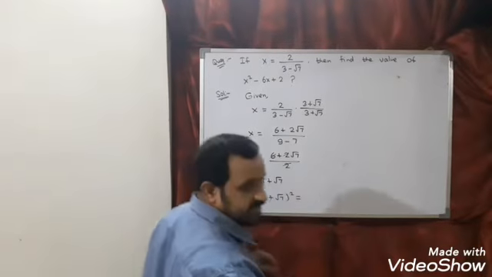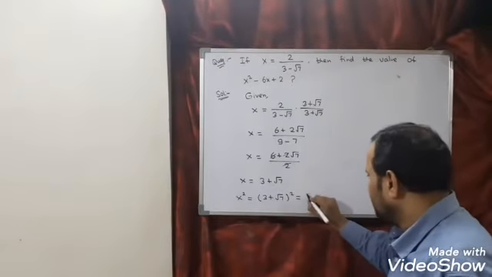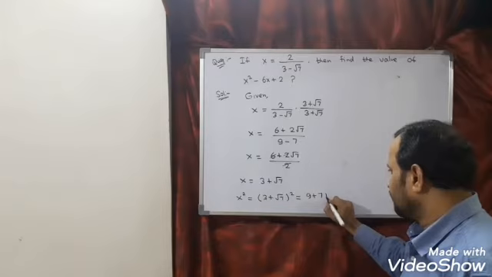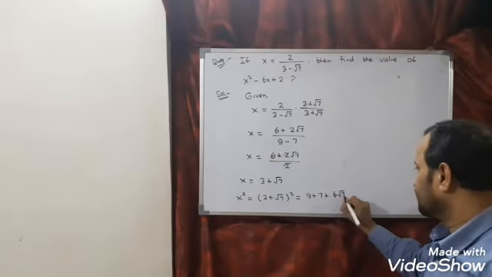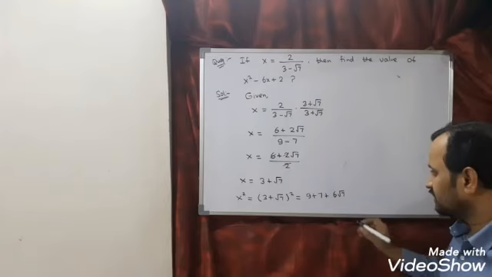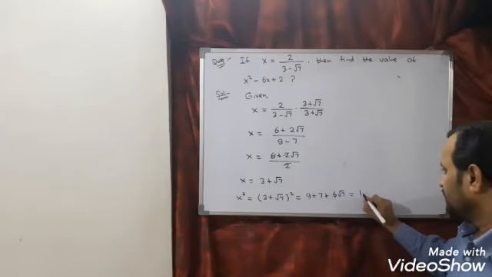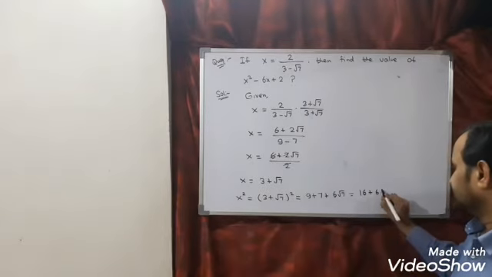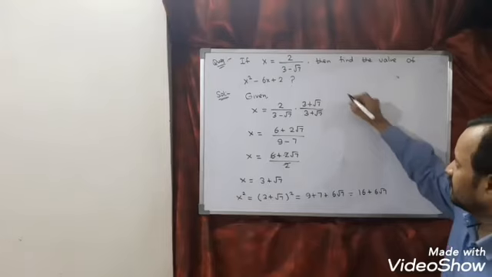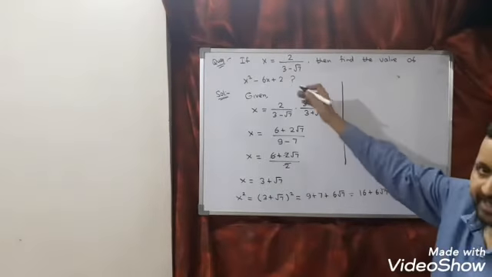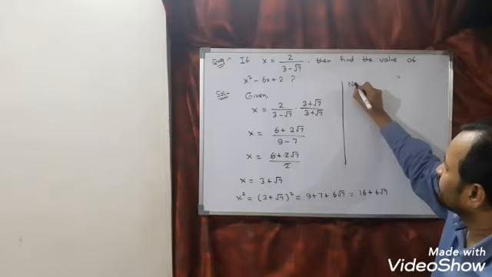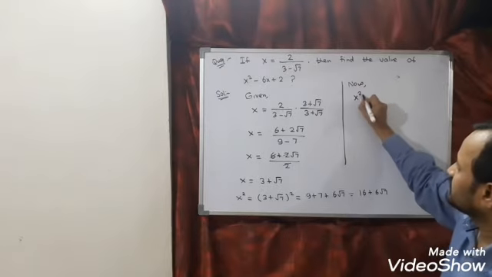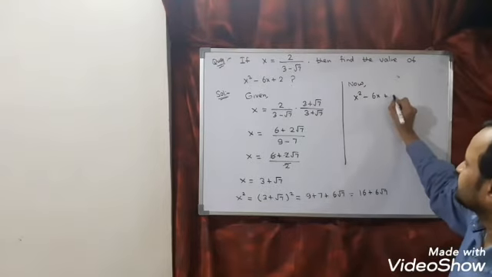Expand (a plus b) whole square. So 9 plus 7 plus 2ab, so 2 into 3 is 6 root 7. So 9 plus 7 is 16, plus 6 root 7. Now the question is to find the value of x square minus 6x plus 2.